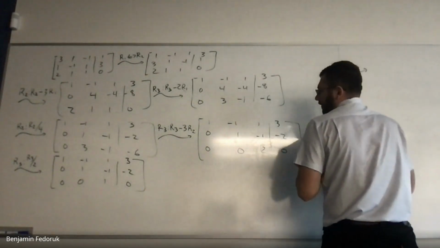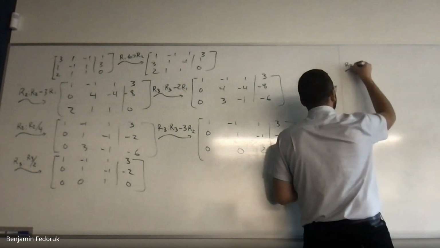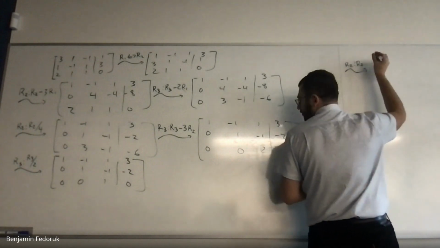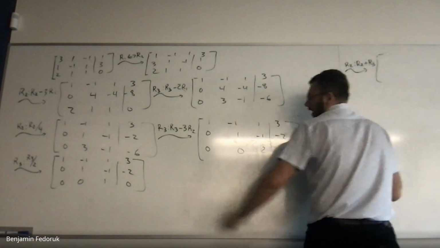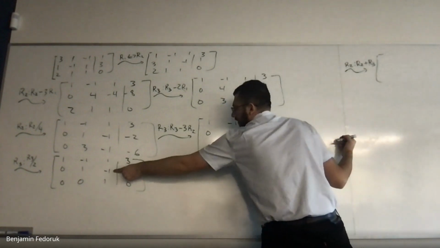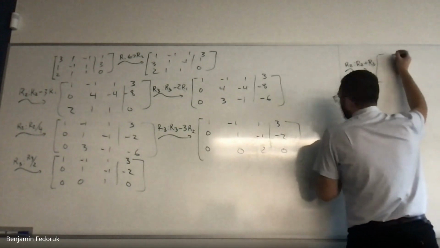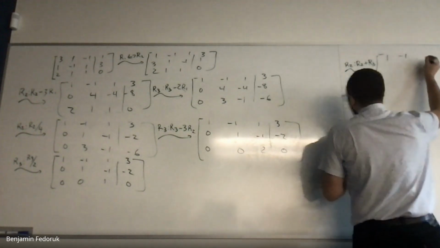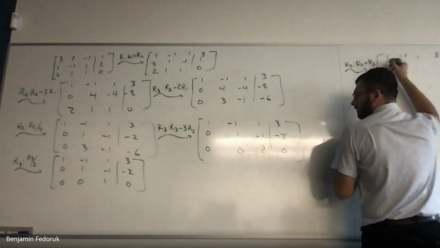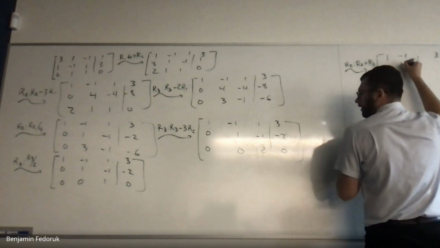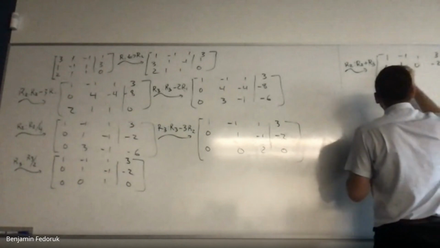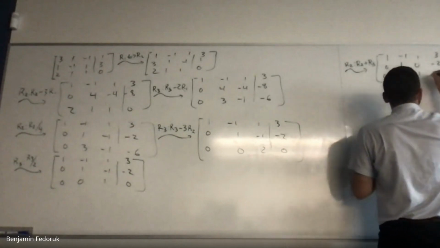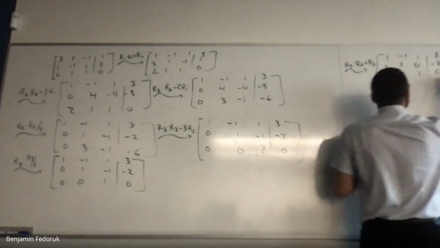The next step would be to do row 2 gets row 2 plus row 3. So I'm adding these two rows together to get rid of that -1. And I should end up with this: 0, 1, 0, -2, 0, 0, 1, 0. Like that.